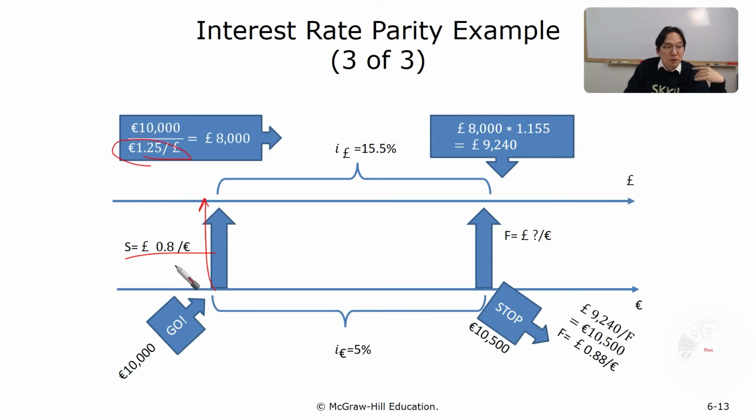Flip it, it's going to be 0.8. So multiply 0.8 by this, you will get 8,000 British pounds. Now what do you do with this? Put it into the British Treasury, whose rate is 15.5%. And what you will get at the end of the day is 9,240 pounds.